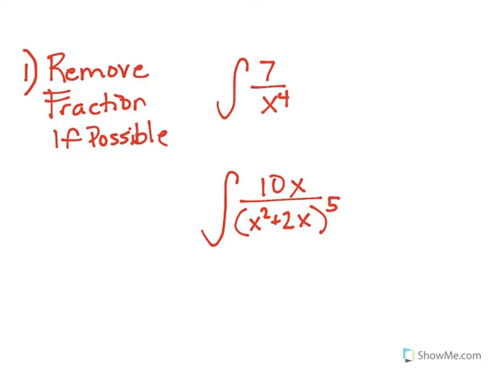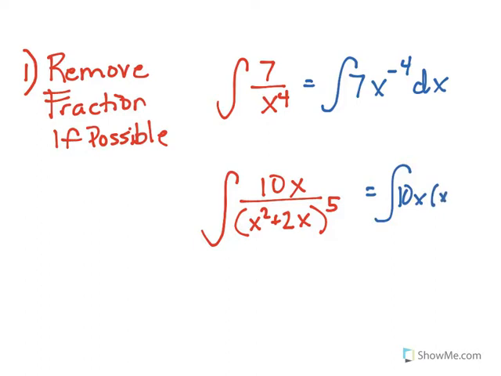So our first step is always remove those if possible by moving up the number on the bottom and putting it to the negative power. I forgot my dx there. Oh, I know, I'm going to fill that in just a second. 10x over x squared plus 2x to the fifth dx. So that's always step one, is to get rid of a fractional component if it can be done.